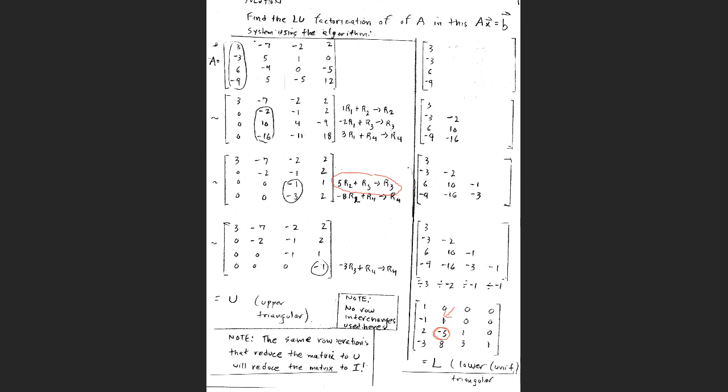And then if you were to take -8 times the second row and add it to the fourth row and replace the fourth row by that result, what would you get here using the 1 as a pivot?